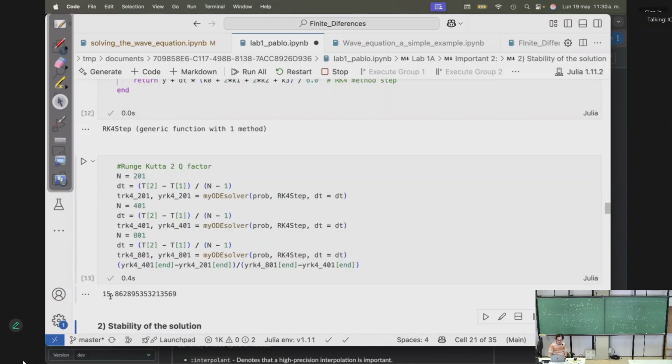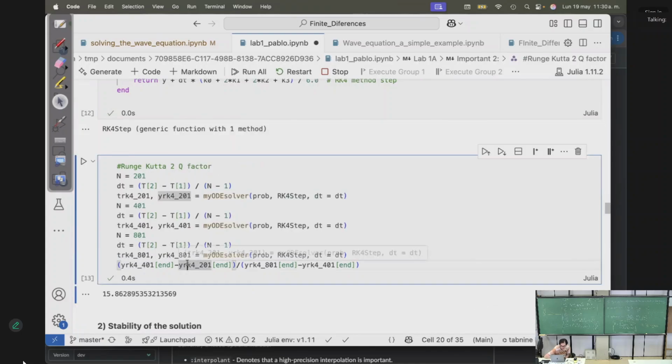So this is very close to 16, which tells us that p is approximately 4. So this confirms our suspicion that Runge-Kutta is a fourth order method. This will be very useful later on to calculate the convergence of several methods. So this is very important to keep in mind when doing stuff.